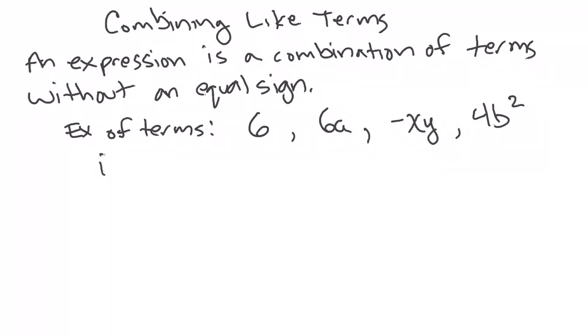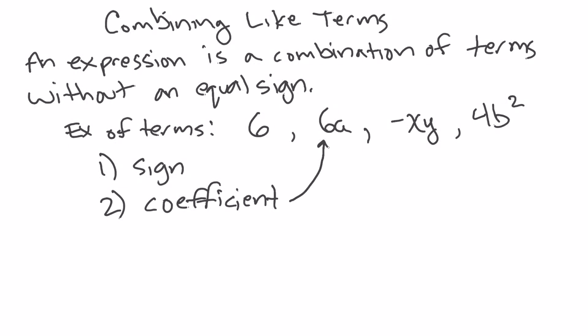One is the sign. Two is the number in front of the variable, so that's going to be called the coefficient. And the coefficient would be, in this example here, 6. And then typically when you talk about terms, you also have what's called a variable, which is a letter normally associated with the term.